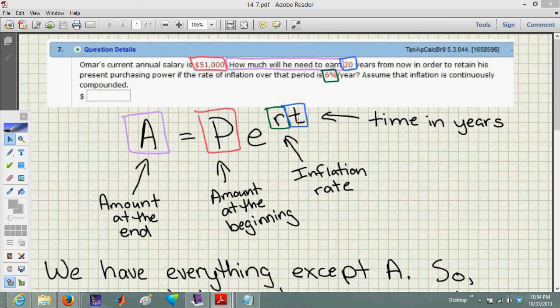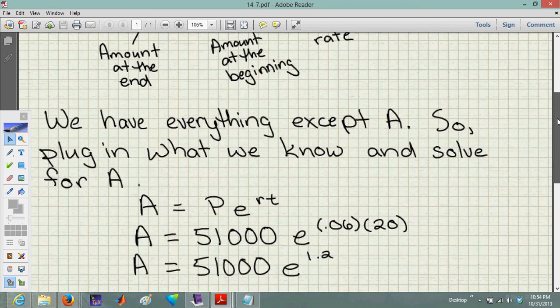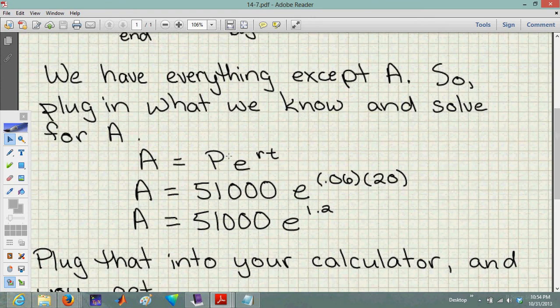And time, well, our time in years, they're telling us it's 20 years from now, so we're going to be dealing with 20 years. So we've got P, we've got R, we've got T. E has never changed. That's going to be the same no matter what, so we need to solve for A. So we have everything except A, so let's plug in what we know and solve for A.